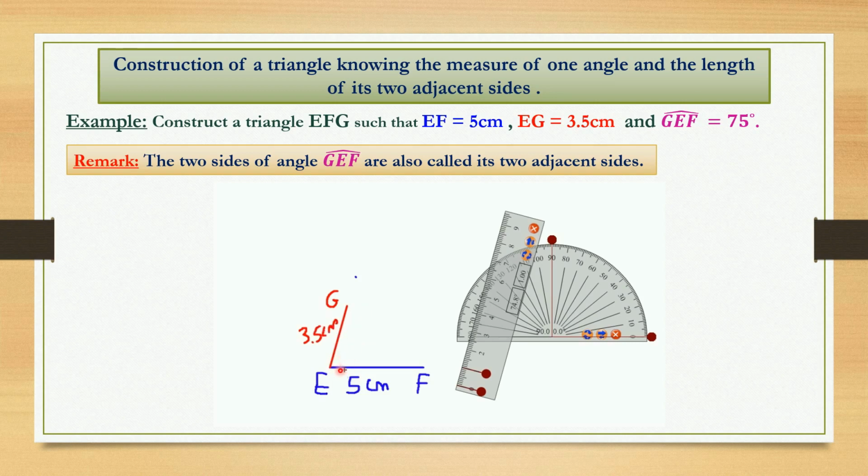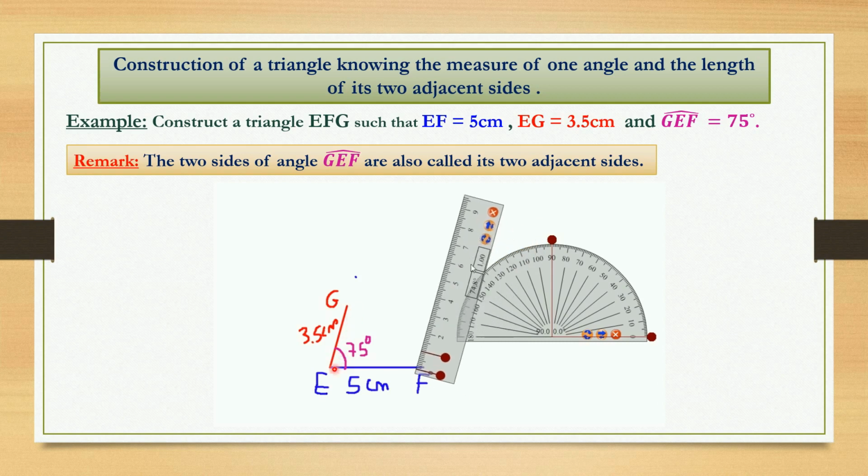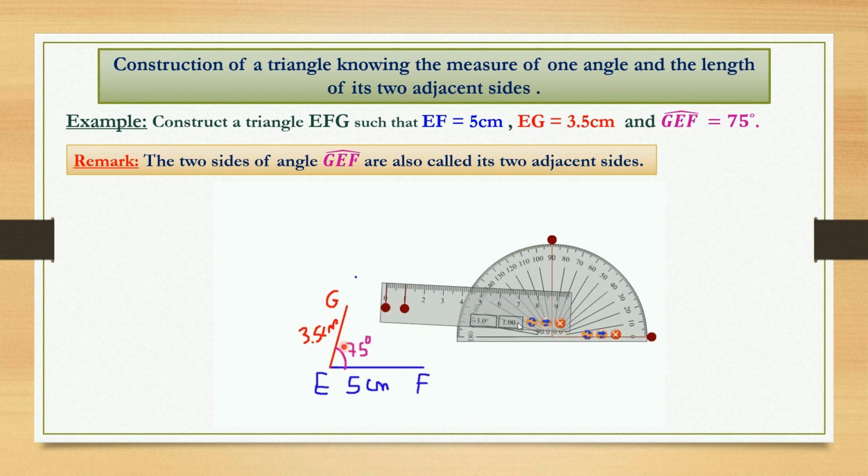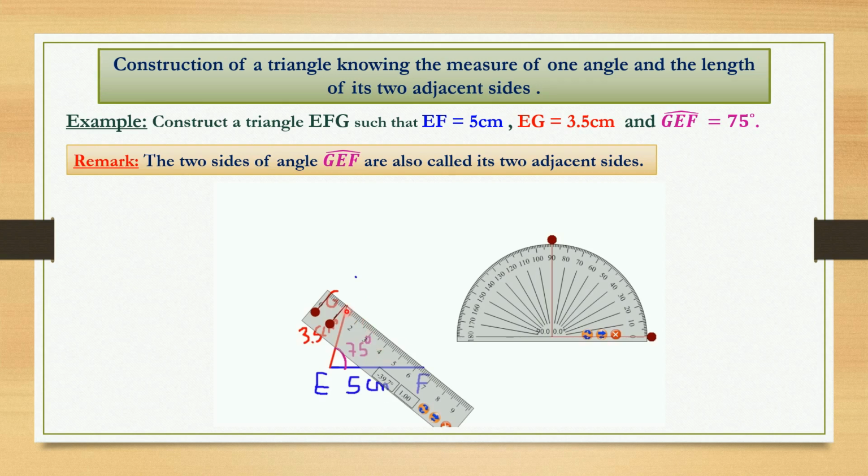And at the same time, when I drew this side EG, I made sure that this angle was equal to 75 degrees. So here, in this construction, I have the measure of one angle and the two sides of this angle. In the end, I just join G to F using my ruler.